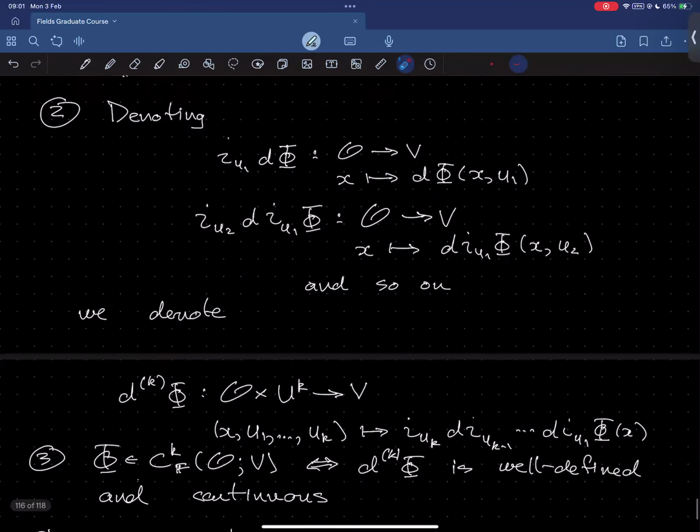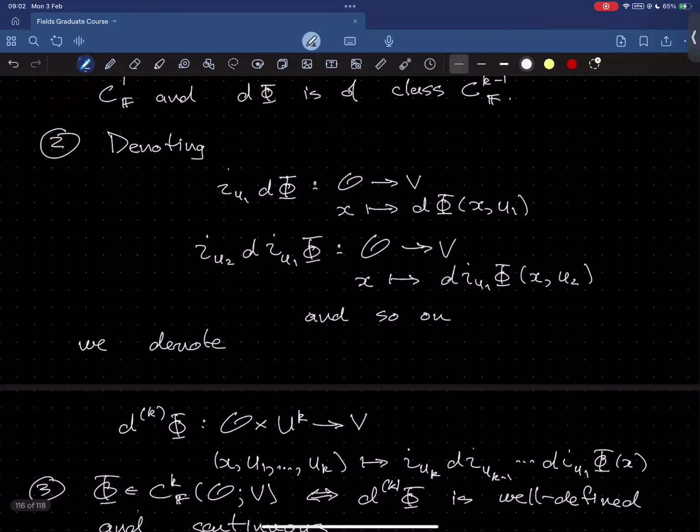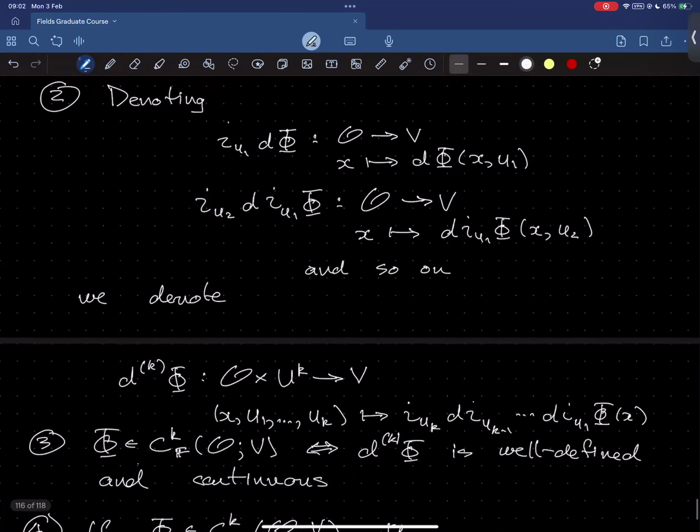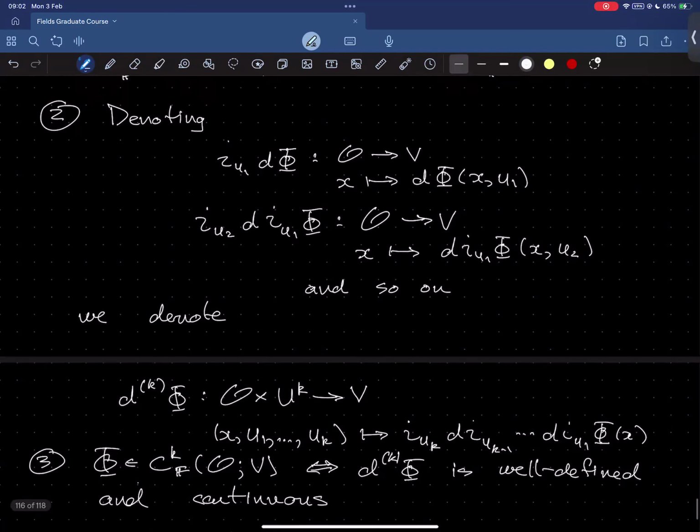All right, and so then we spent some time developing some notation that connects this to higher order derivatives, second derivatives and third derivatives, because this definition only requires the first derivative to state the definition. All right, so here's how we did that. We did this business where we froze some of the arguments of d phi.